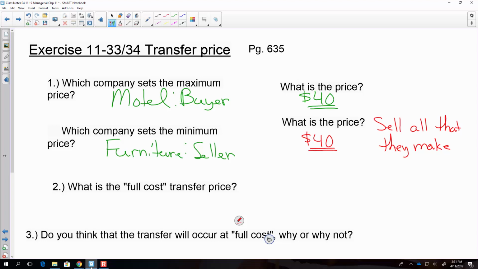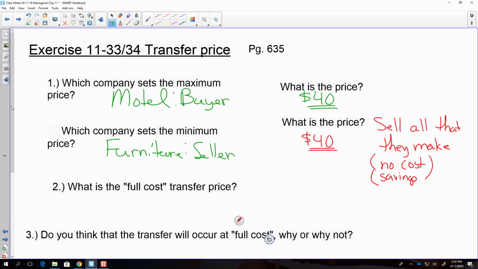Because the seller can sell all they make, and also there are no cost savings anywhere. In our example, we had the $3 associated with an intercompany sale, and that just doesn't exist with this problem.